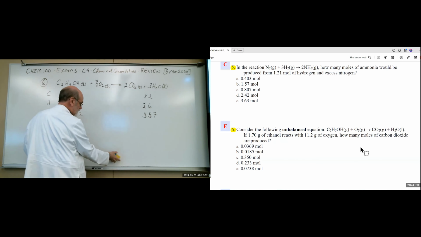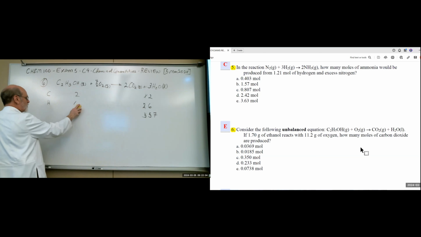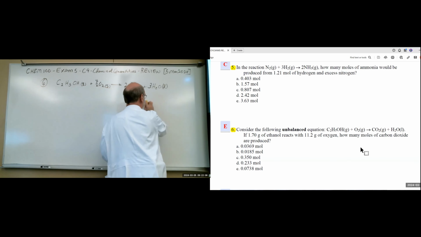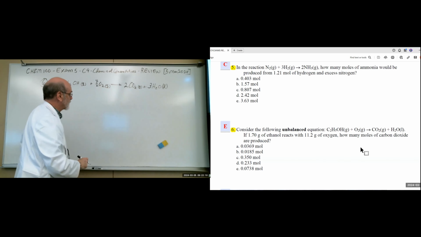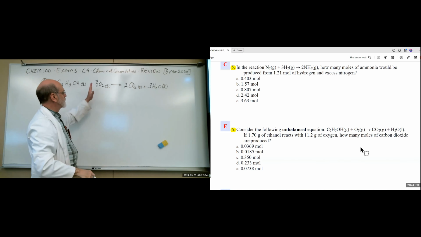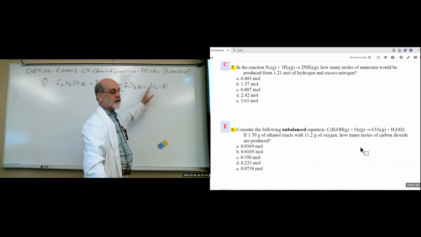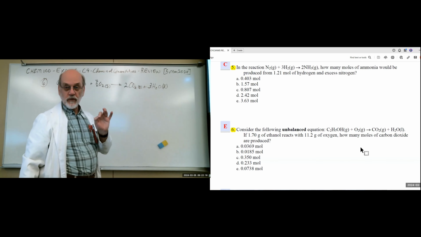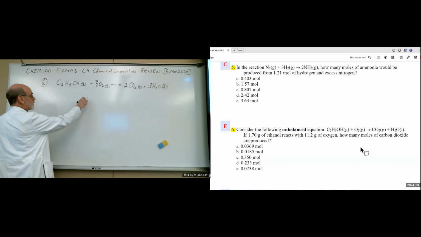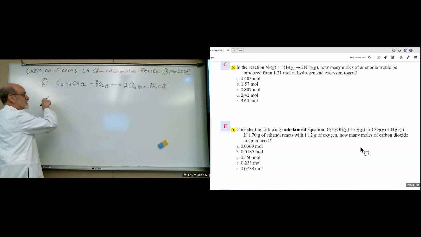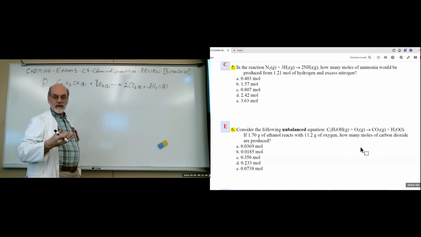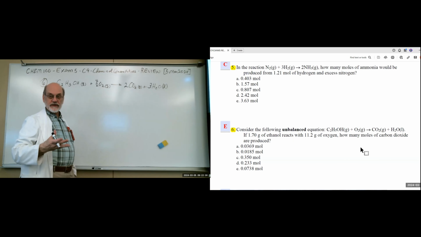Now that we're balanced, we want to make everything whole numbers. So the way to get rid of that fraction: this ratio is fixed. 1 to 7 halves to 2 to 3 is the proper ratio for the balanced equation. But since we want whole numbers, we want to get rid of the fraction. That means if we multiply the entire equation through by some number, then the ratio is still intact.